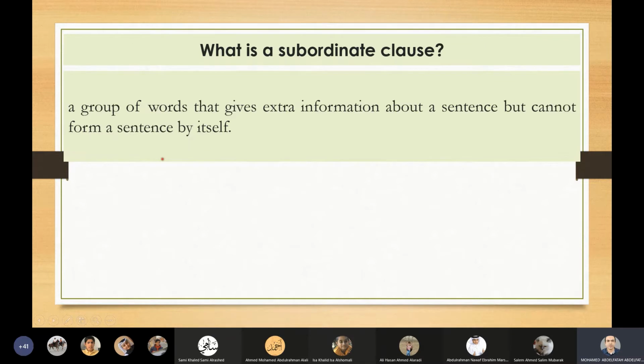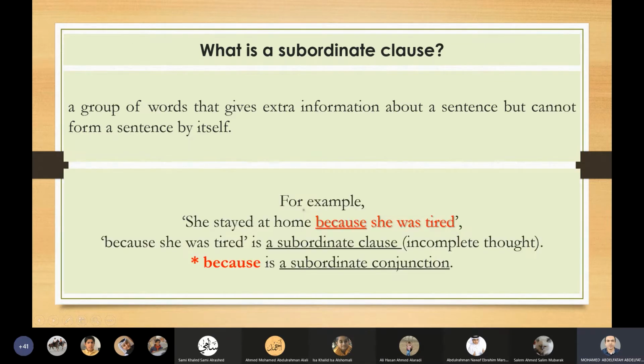sentence by itself. For example, she stayed at home. This is a sentence. The subject and the verb or the predicate. She stayed at home. Here we used the subordinating word, which is because. Because what? Because she was tired. Here we added more details.